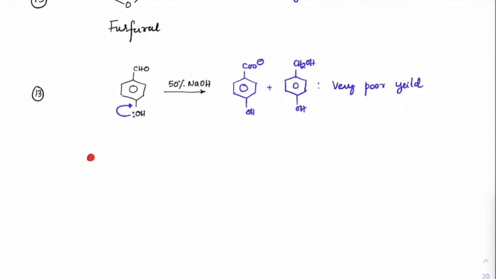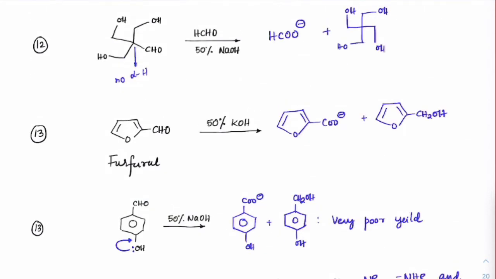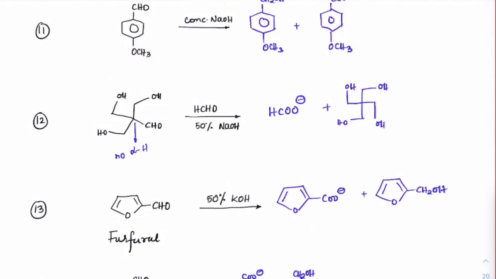So benzaldehyde, let me write that note, benzaldehyde with O minus, OH, NH2, NR2 or NHR, okay, and OR, which we have written above if you check out here. This one also poor yield.